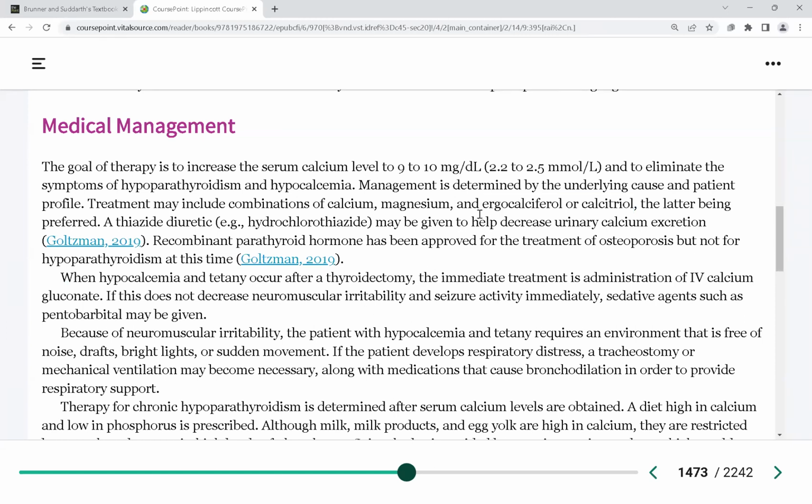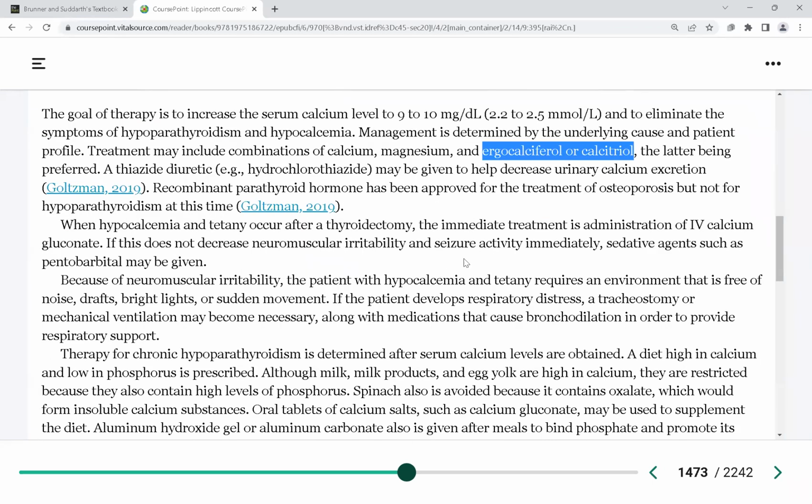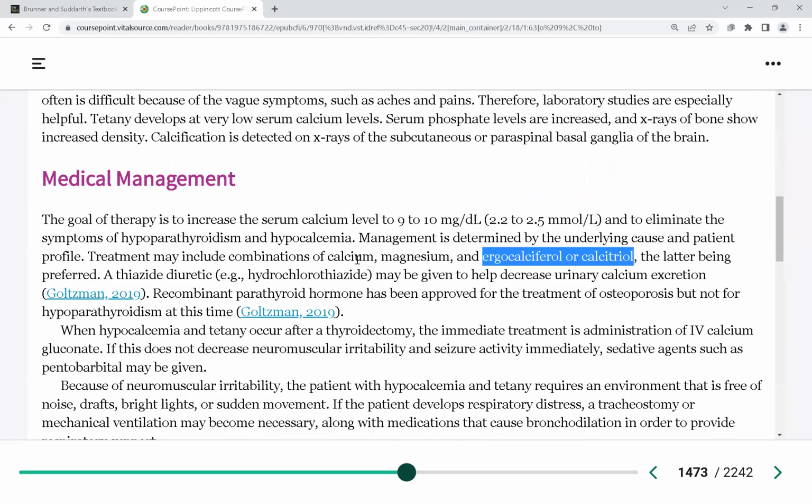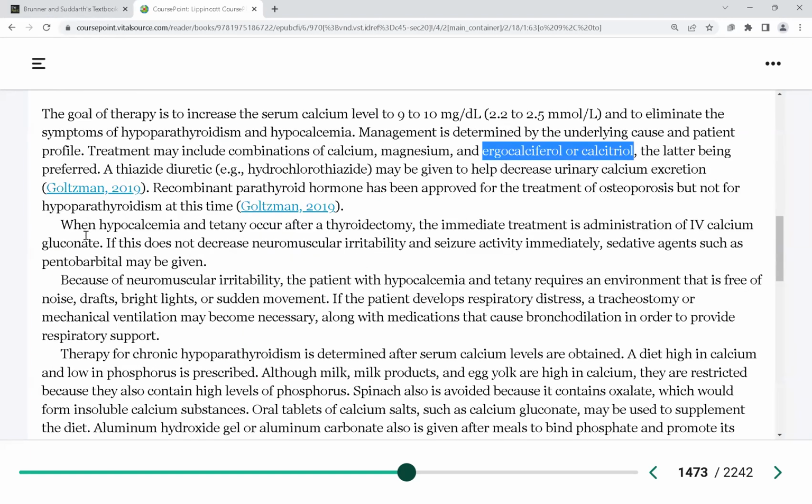For acute, we will give these. Okay. If it's severe and the patient is showing signs of tetany, which is severe hypocalcemia, we will have to give IV calcium gluconate.